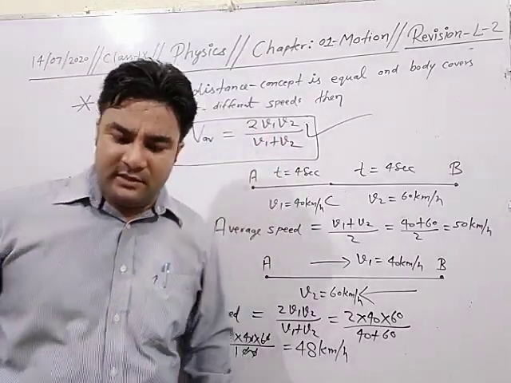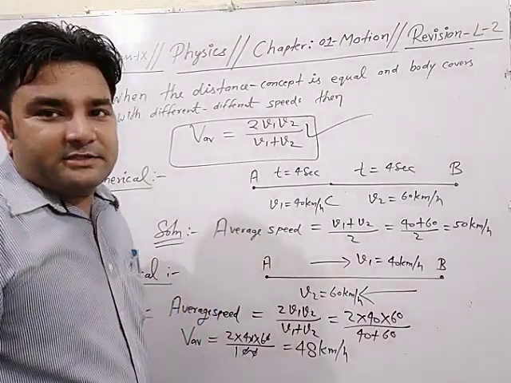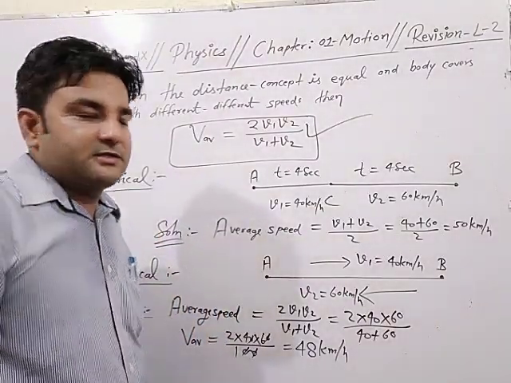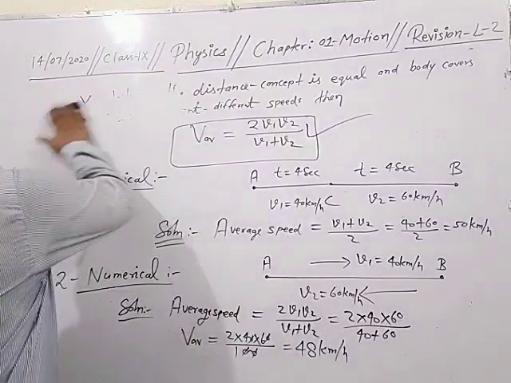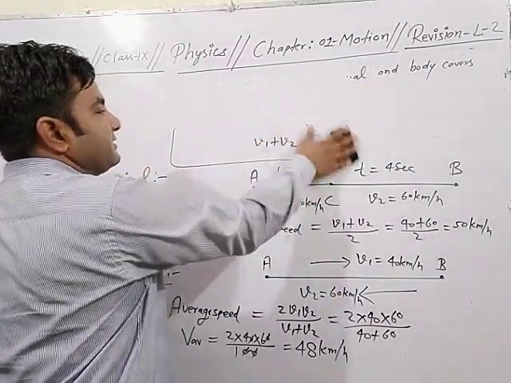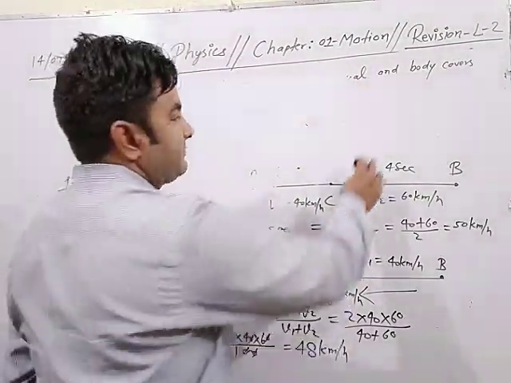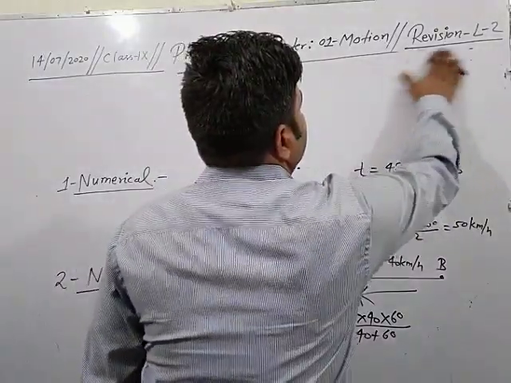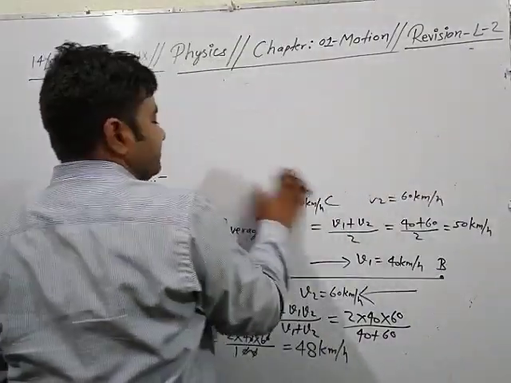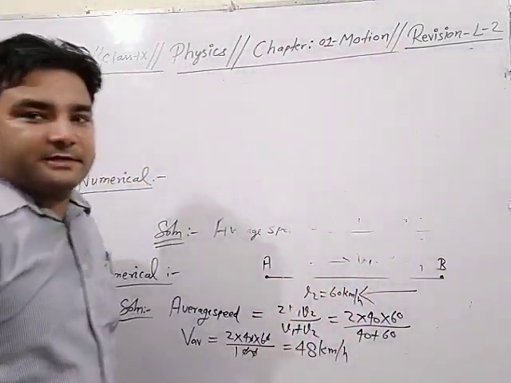Then after this, the next most important topic is acceleration and retardation. Let's see. Acceleration means what? Suppose a body is initially moving with initial speed u, and then after time t, the velocity of the body increases and is represented by another symbol v.